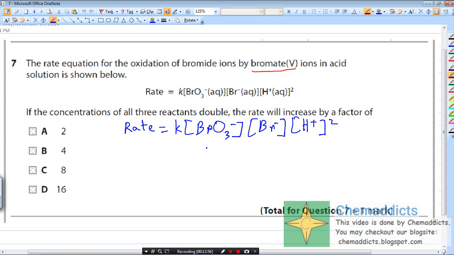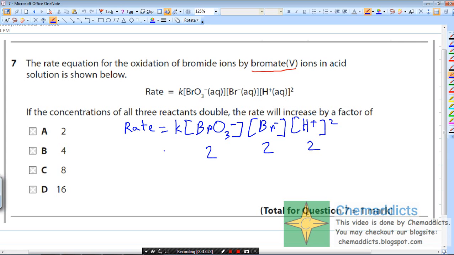So this is doubled, this is doubled, this is doubled. In other words, each reactant's concentration is increased by a factor of 2.